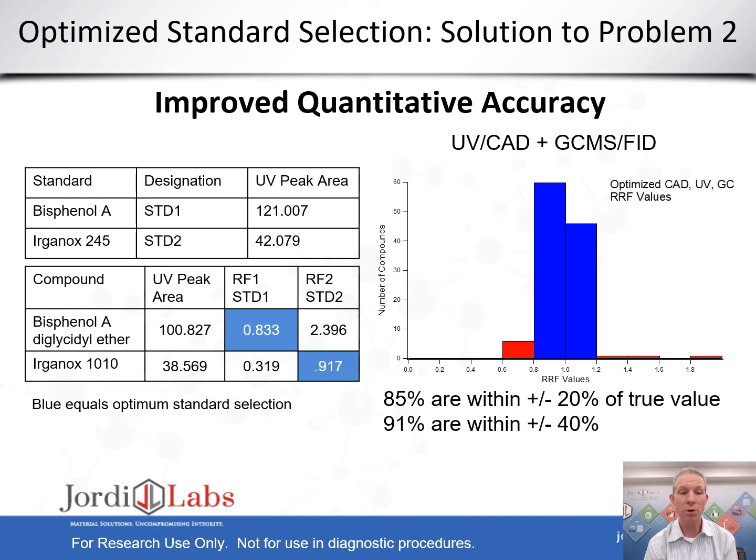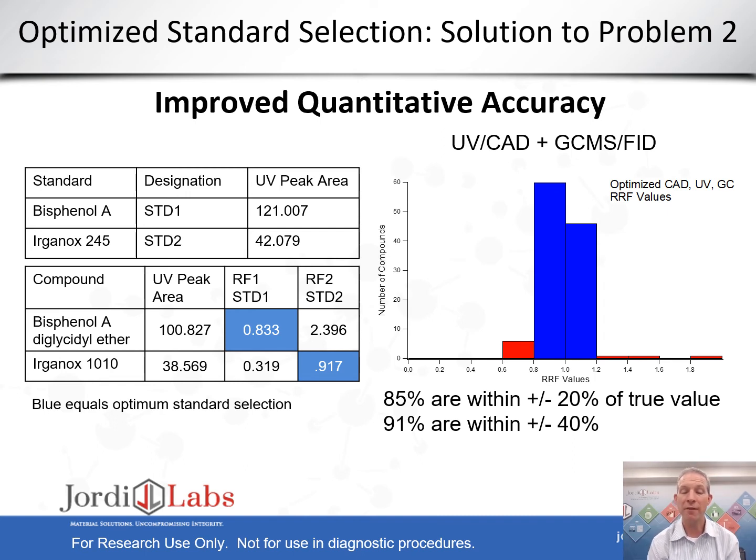And we can see that if we use that standard and UV detection, we obtain a value that's 83% of the true value, a respectable level of quantitative accuracy consistent with what is listed in most of the guidance documents. On the other hand, if we're quantitating Irganox 1010, we want to use Irganox 245, which is the more similar chemistry.